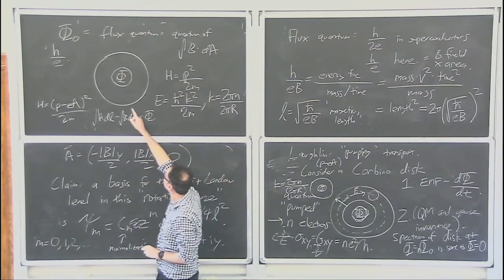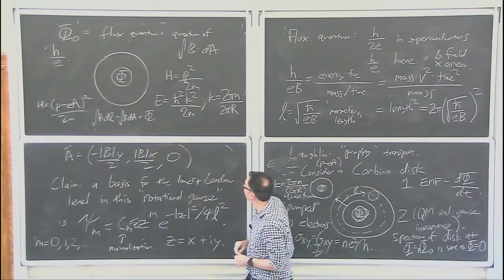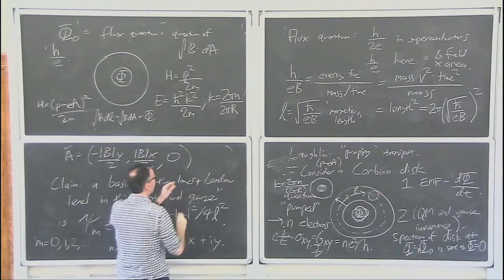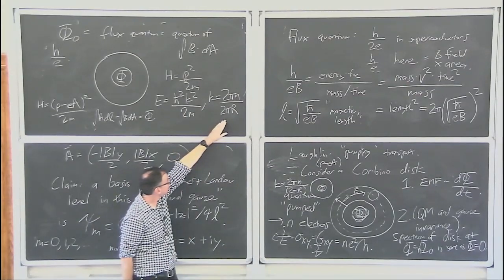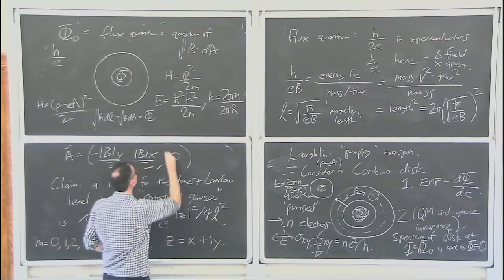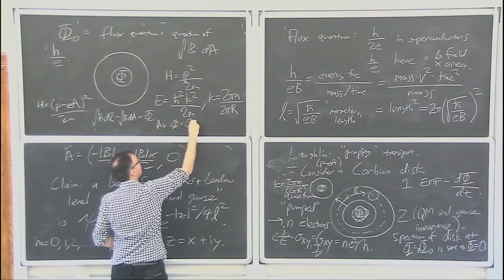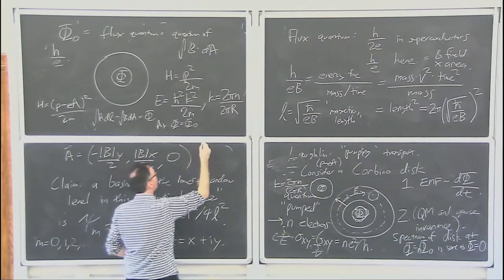What about phi equal to phi naught? At phi equal to phi naught, what happens to k is that what was n is now shifted over to n plus 1. So at phi equal to phi naught, the spectrum is back to where it was originally.